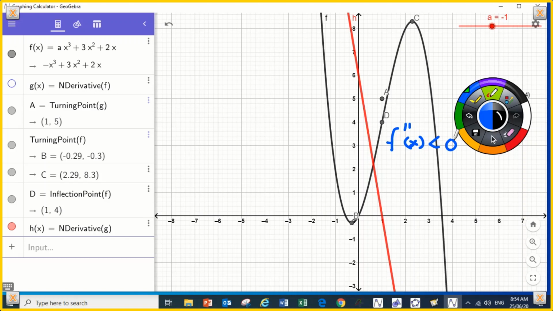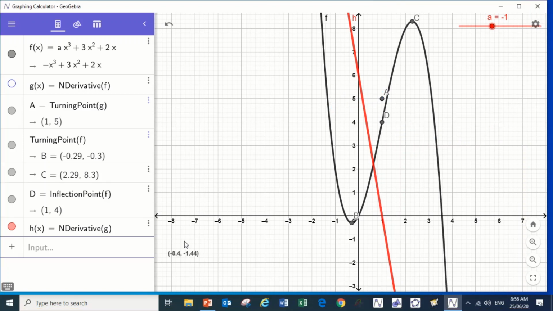That's why, for that interval, we can write f double prime of x is greater than 0. So when the y values of the linear function are positive, the cubic graph will be concave up.